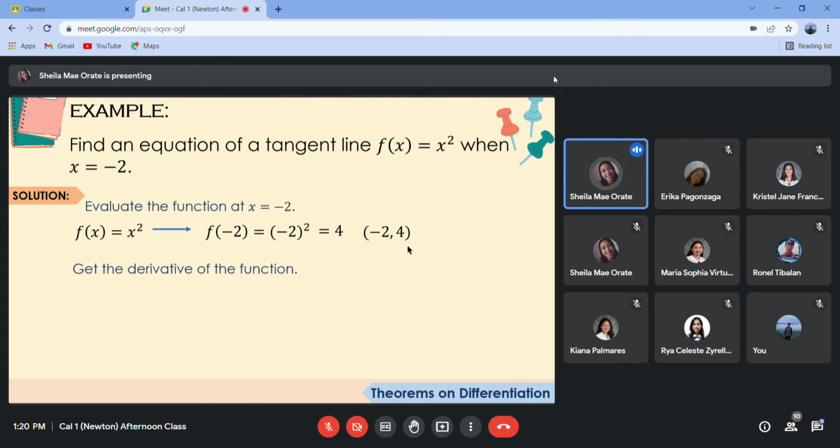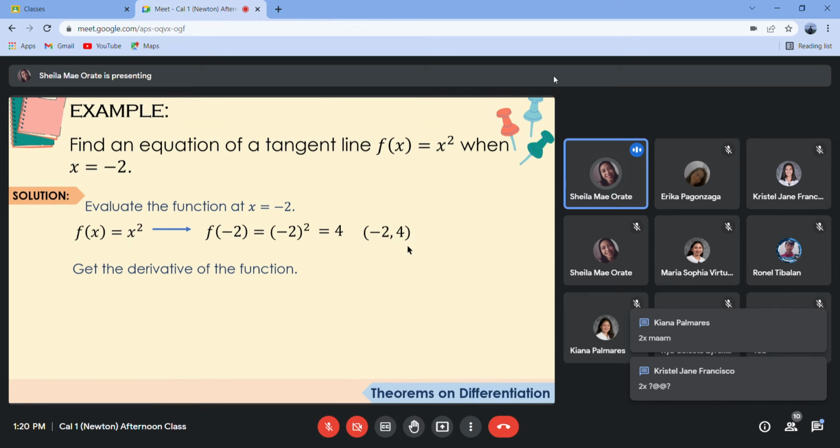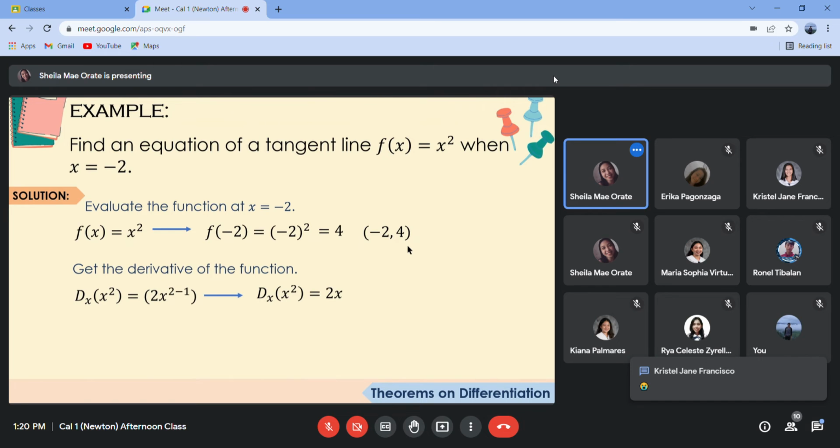We apply the power rule. 2x. Very good, Kiana and Crystal. So the derivative of x squared is equal to 2x.